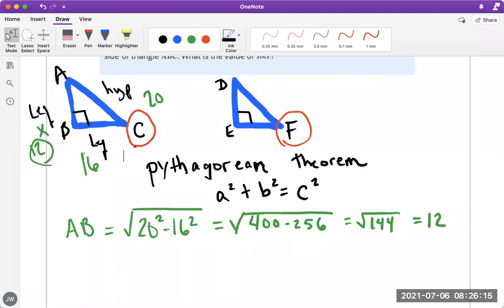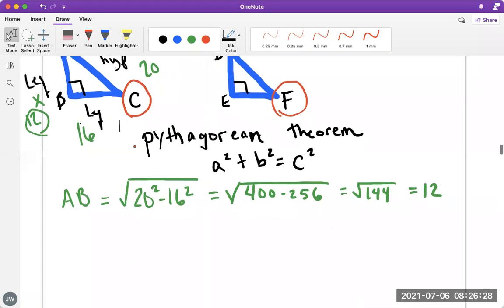Now, since the vertex F corresponds to vertex C, the measure of angle F is going to be equal to the measure of angle C, right? That's what corresponding means. Therefore, let's scroll down a little bit.